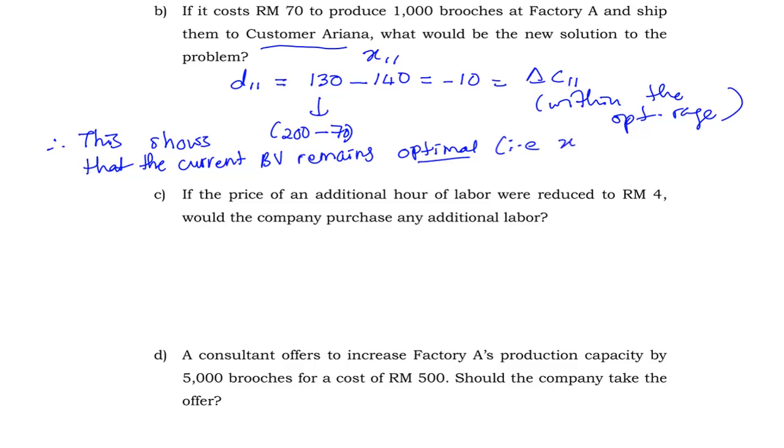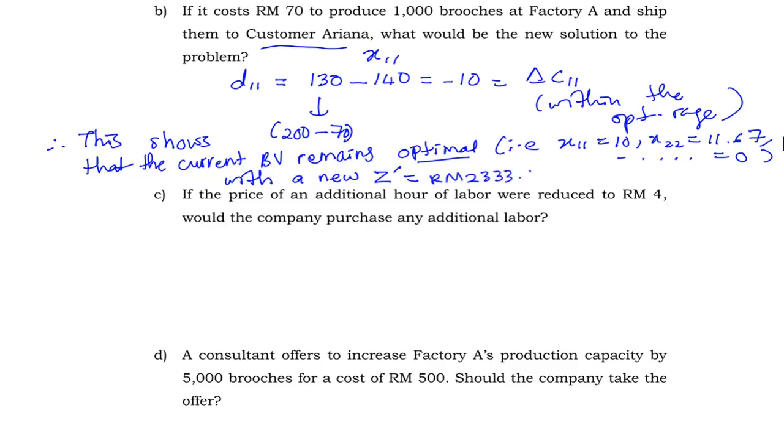Remains optimal, meaning that x11 equals 10, x22 equals 11.67, and the rest is 0, with a new Z value, Z prime, equals RM2,330 and 30 cents plus the change of the coefficient C11, or D11, multiplied by x11.